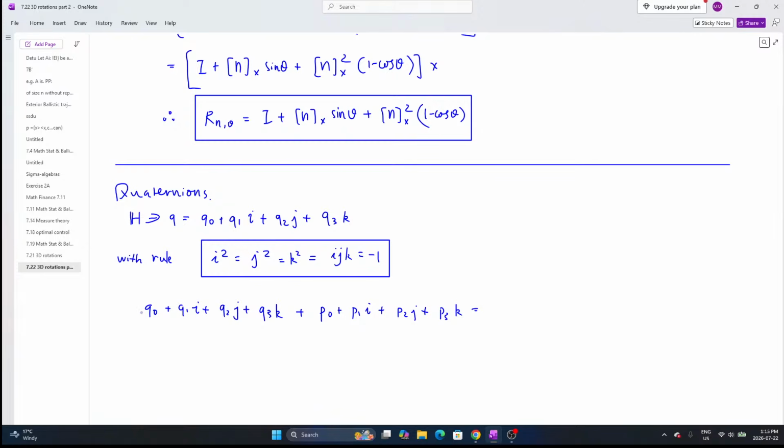No mystery there, just like in complex numbers or in R4. Oh, by the way, the Qi's are all real. So it's just Q0 plus P0, Q1 plus P1, and so on.